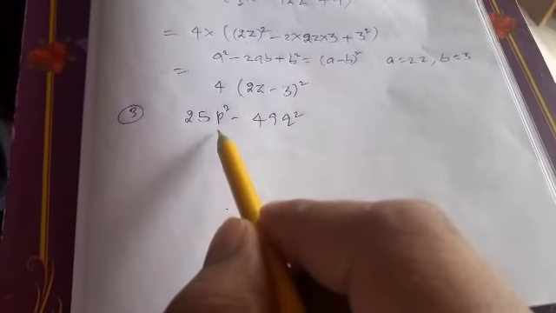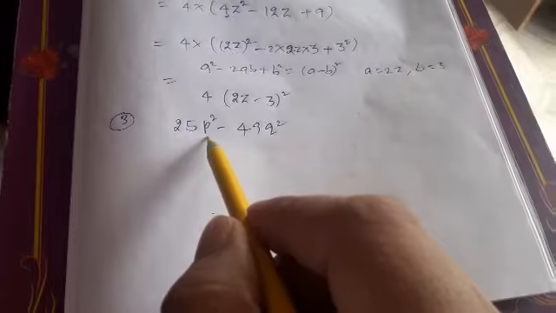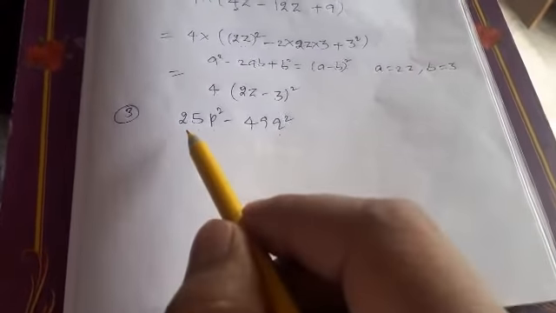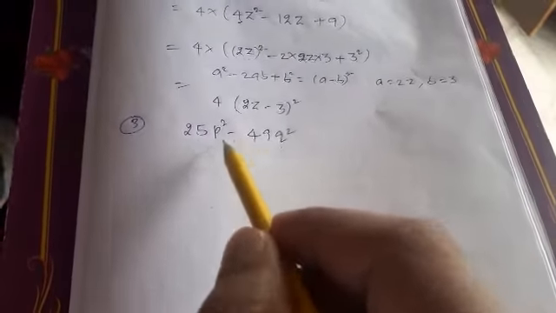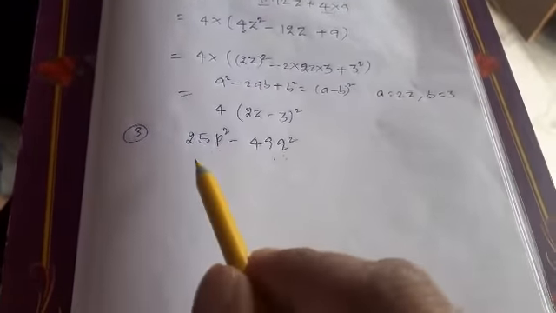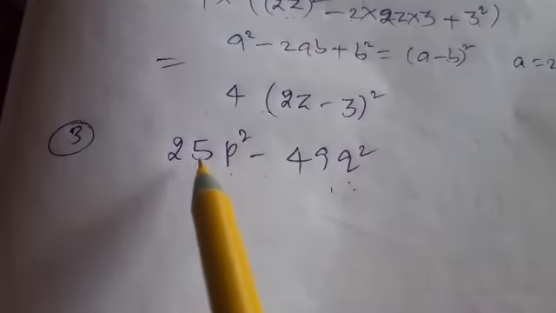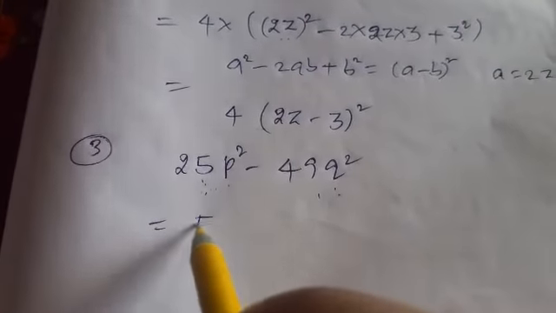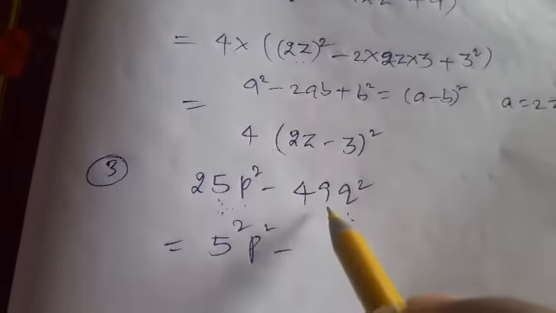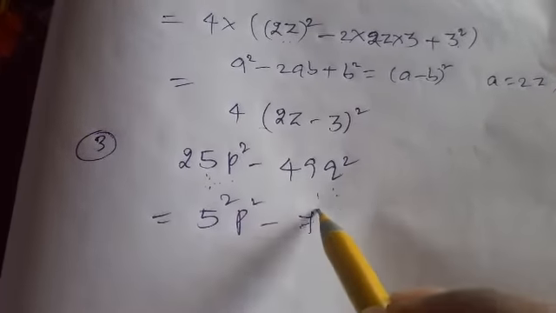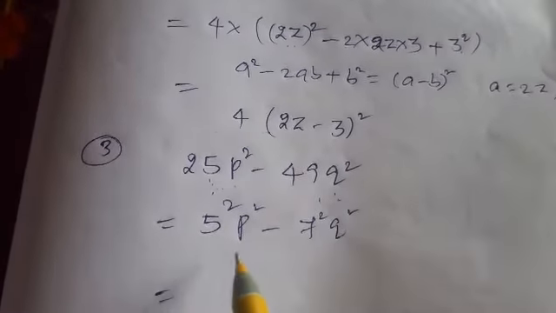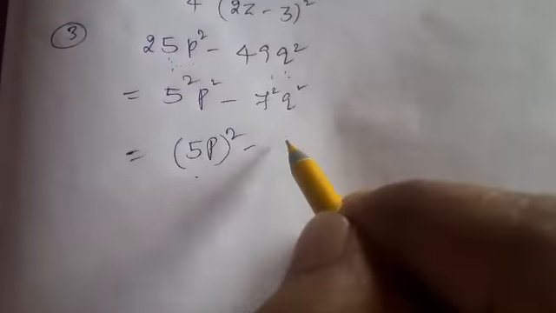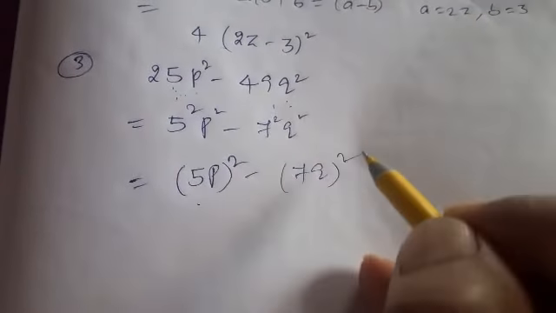Now let us take one more problem: 25p square minus 49q square. How to factorize this? Here we have only two terms. If you observe, these two terms are perfect squares. 25 can be written as 5 square, and 49 can be written as 7 square. Now 5 square into p square can be written as (5p) whole square minus (7q) whole square.